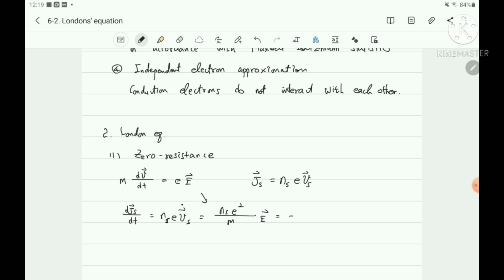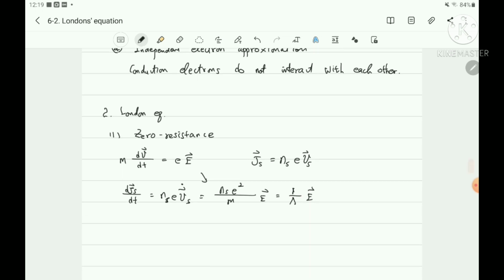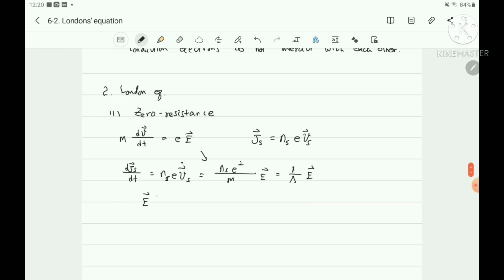Let's denote this as 1 over lambda. Then the electric field is related to the time derivative of the current density.